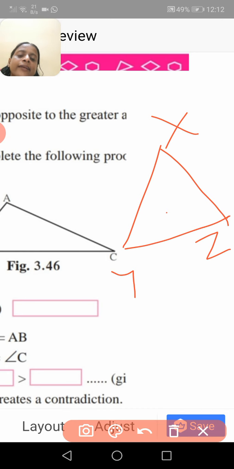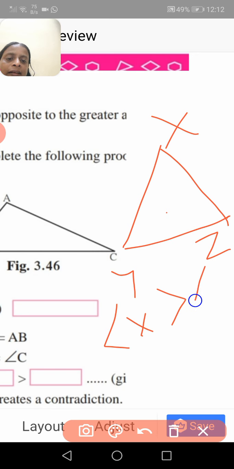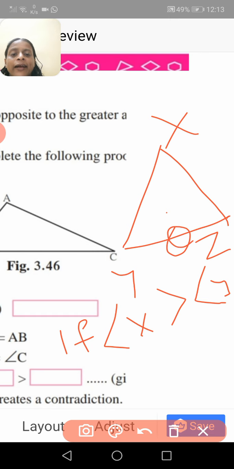It is saying that if angle X is greater than angle Y, then what will happen? Side opposite to angle X, that is YZ, is greater than the side opposite to Y. Which is the side opposite to Y?